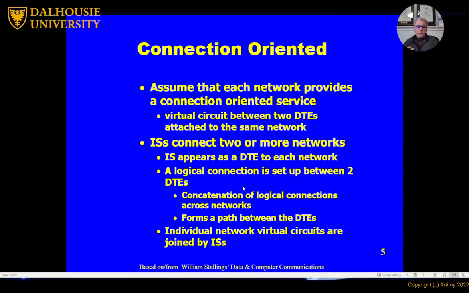Sometimes this connection-oriented behavior happens at each segment of the segments that we talked about. Sometimes it happens only at upper layers, right? So the example that we'll talk about is TCP/IP. The IP protocol itself is not a connection-oriented protocol, but TCP is connection-oriented.